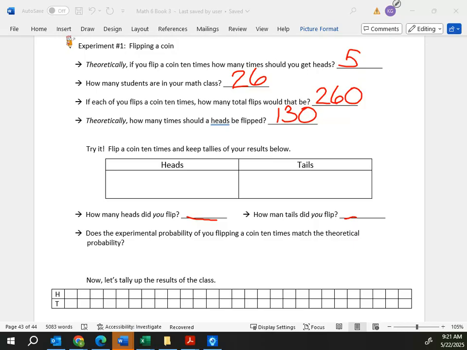So at home, you are flipping your coin yourself and recording your 10 flips. And then we're going to get together and talk about it as a class.